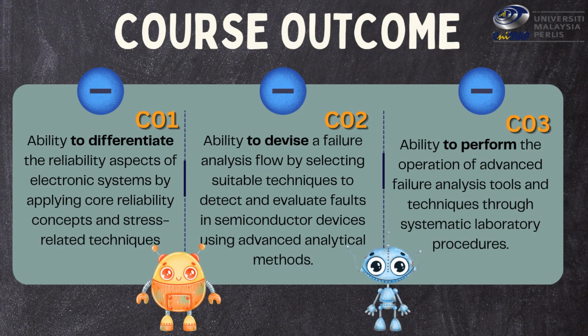The third is the ability to perform the operations of advanced failure analysis tools and techniques through systematic laboratory procedure. For the overall view of the course outcomes, you can read the teaching plan, for which I give you the link through the e-learning.